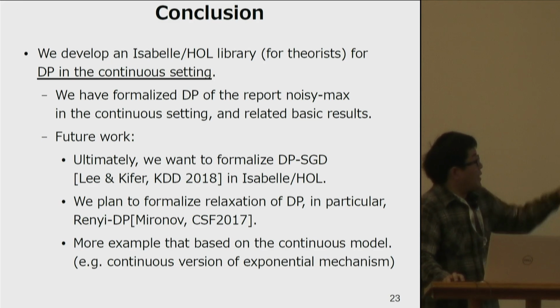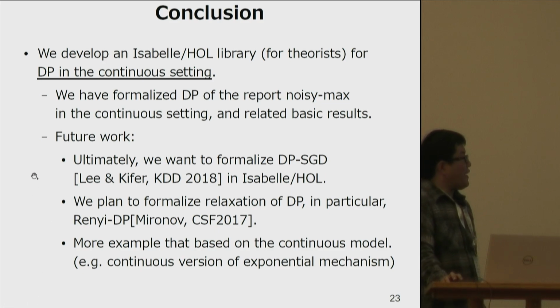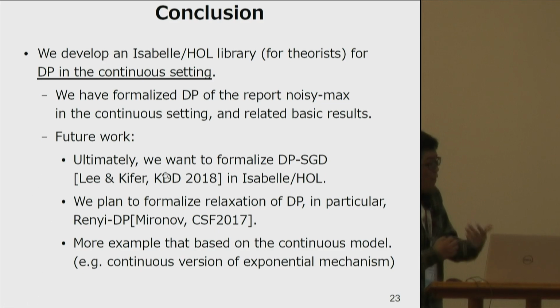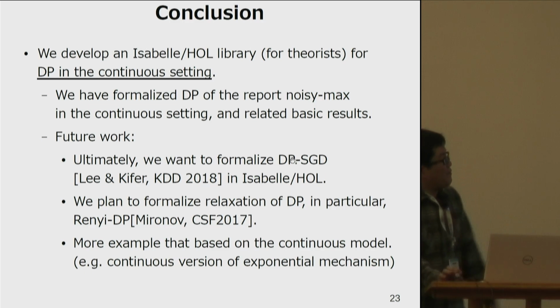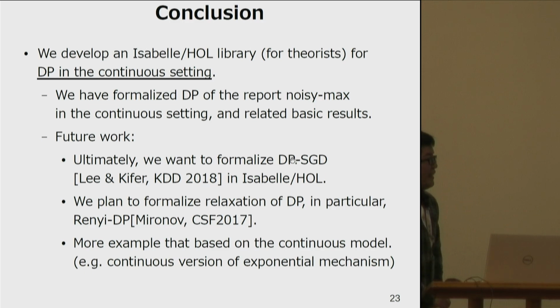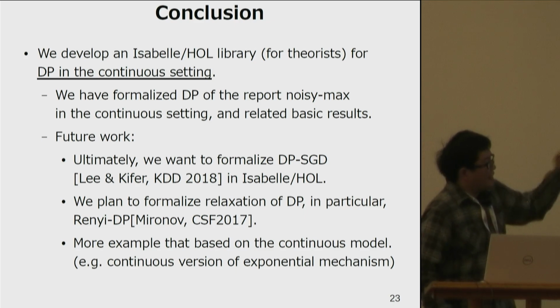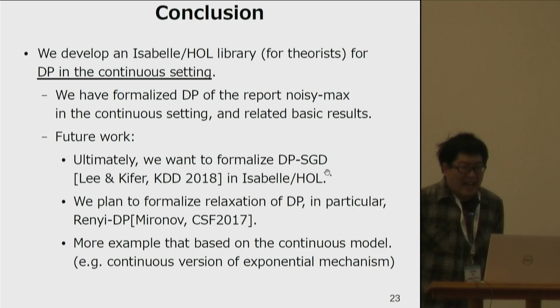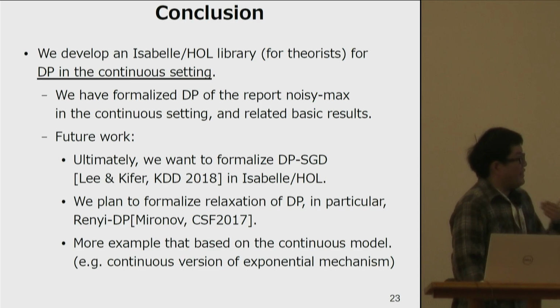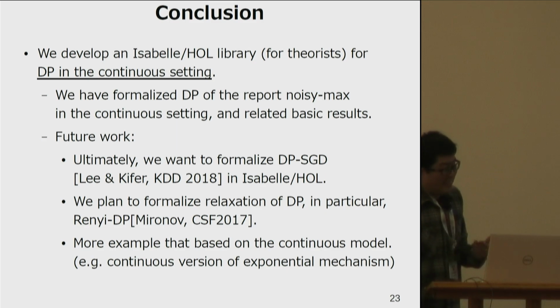And here is my future work. Ultimately, I'd like to formalize the stochastic gradient descent mechanism for differential privacy. For the differential privacy of this mechanism, we need to formalize relaxations of differential privacy, in particular Renyi differential privacy.